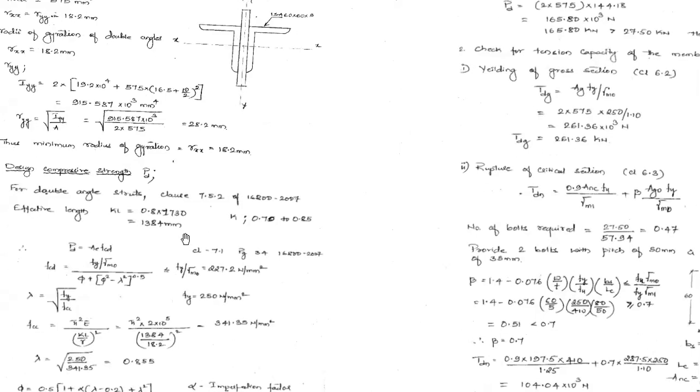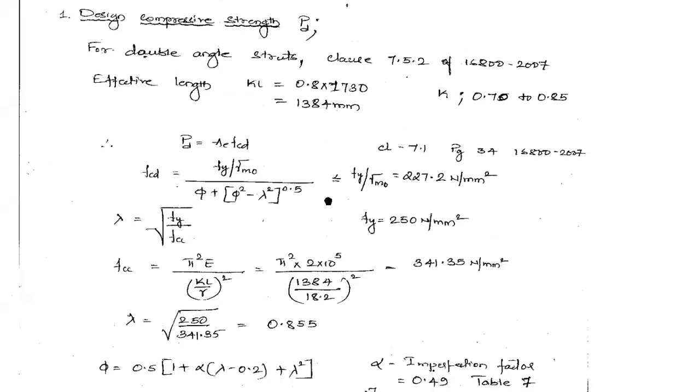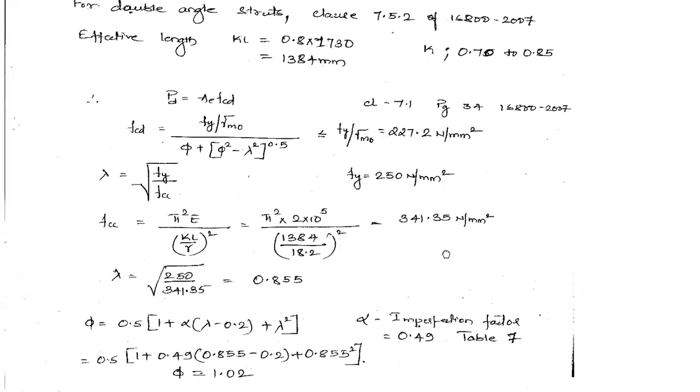If you have any doubt, please ask me, because this particular part I had gone through yesterday. This is totally from the IS 800. From the effective length, the permissible stress in compression has to be determined. For that, you require the lambda and phi values.